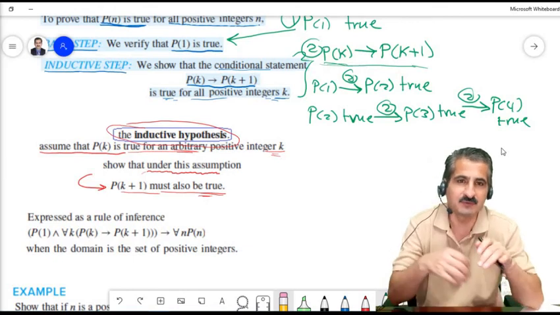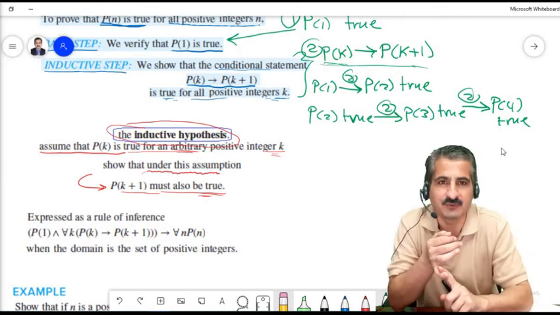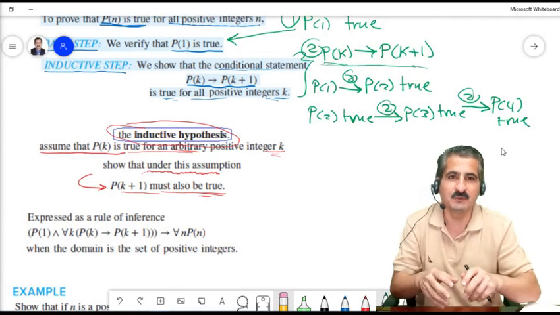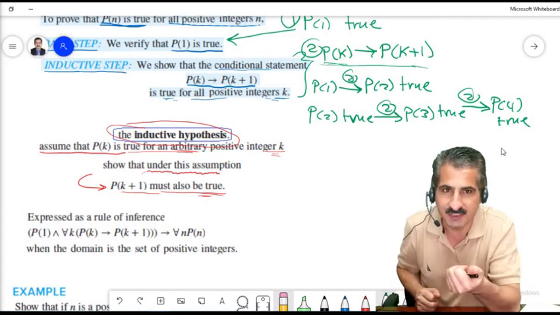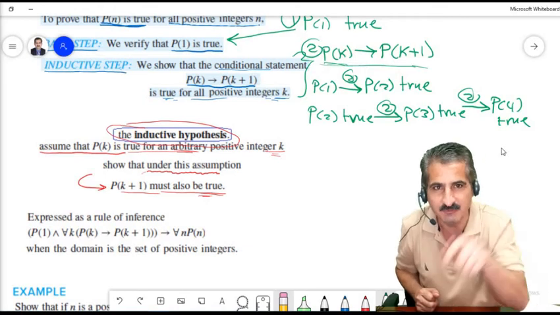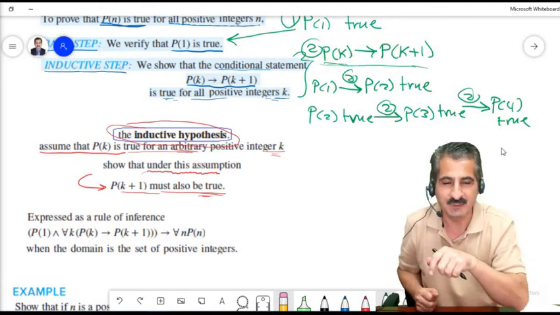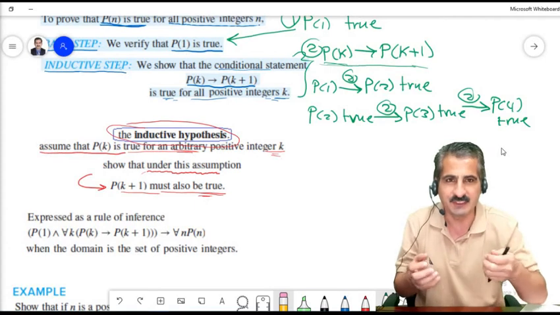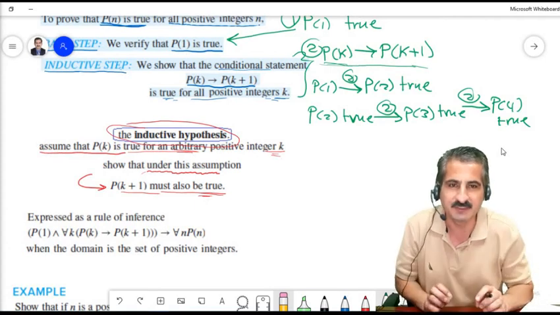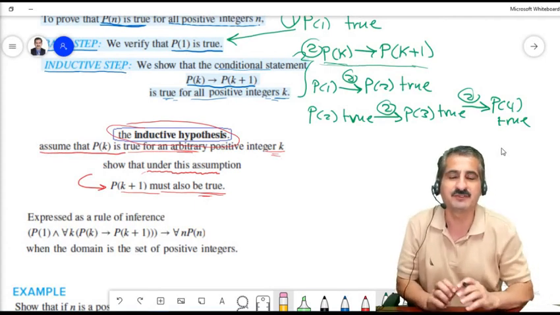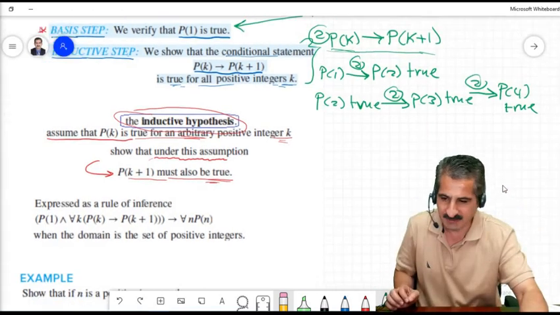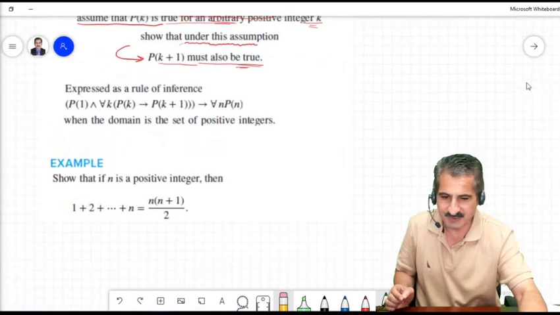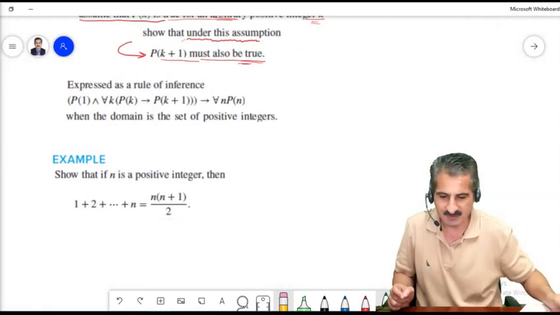So again, we prove the statement is true at 1, and then we show that under the assumption that the statement is true at k, the statement will be true at k+1. Once we have these two things in hand, then mathematical induction tells you the statement is true for any integer. Now, mathematical induction is expressed in rules of inference this way.